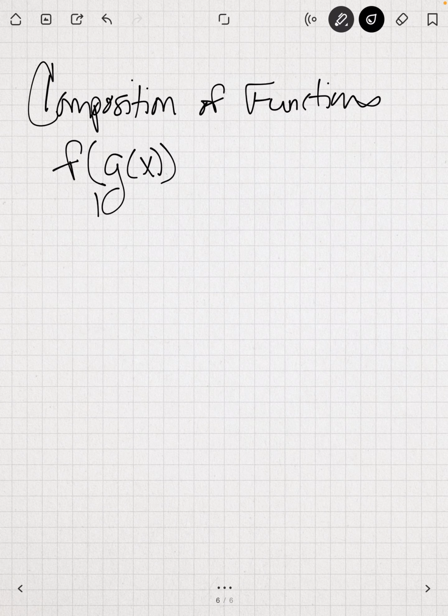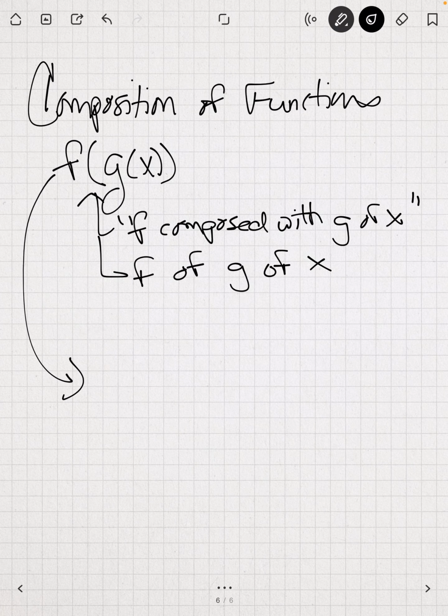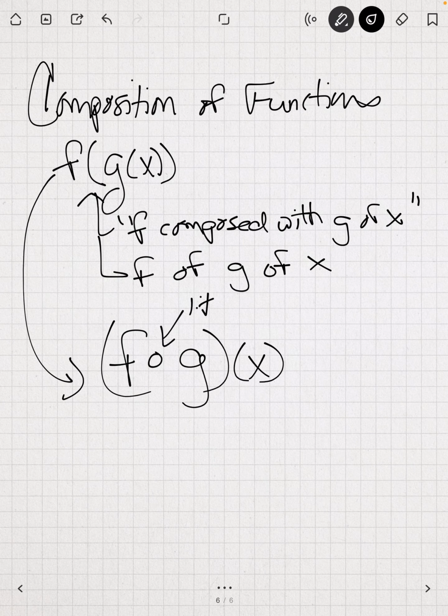And so we'll read this as f composed with g of x, or we can say f of g of x. And our shorthand for f of g of x is f composed with g of x. And so that's a little circle.